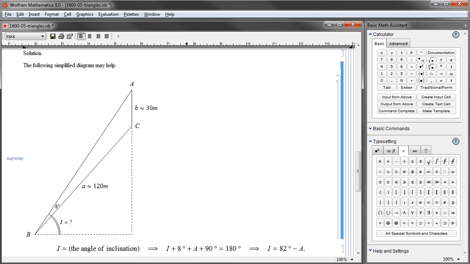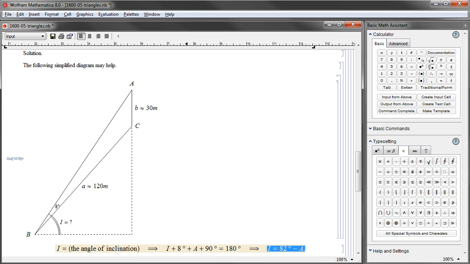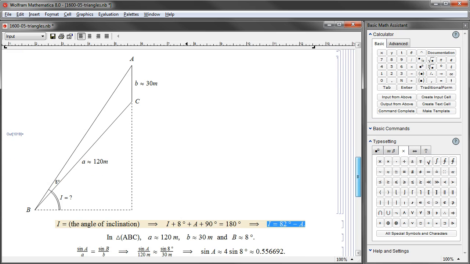So we end up with this result. The angle of inclination is 82 minus A. So if you find capital A, then you can find I, the angle of inclination.